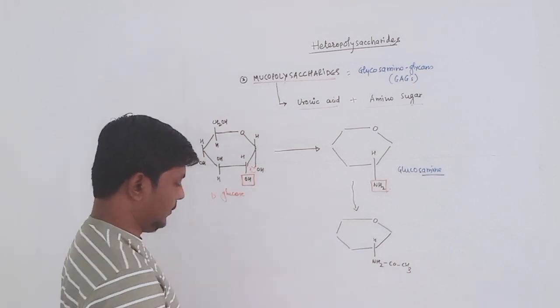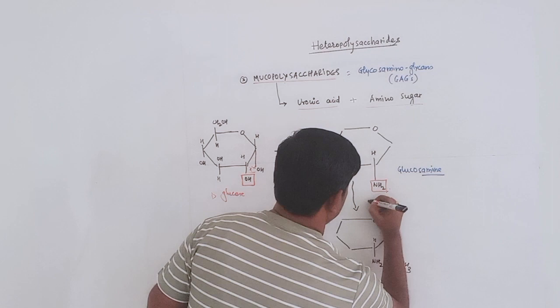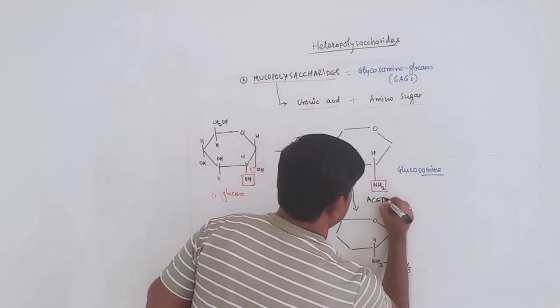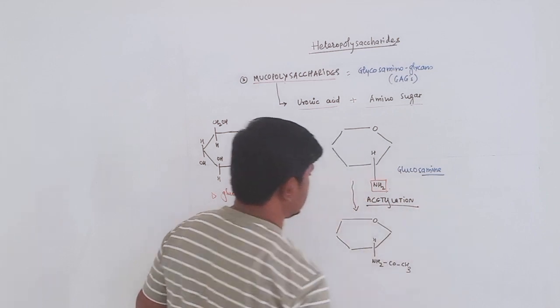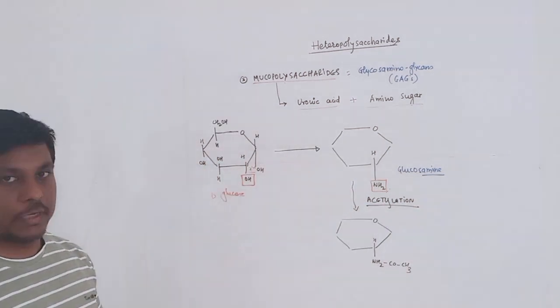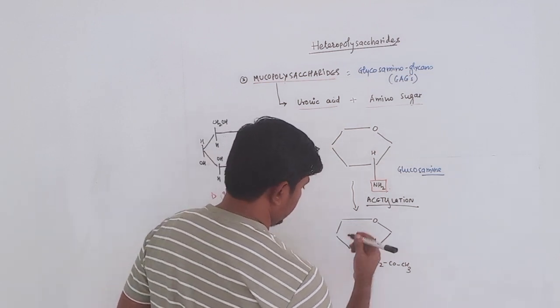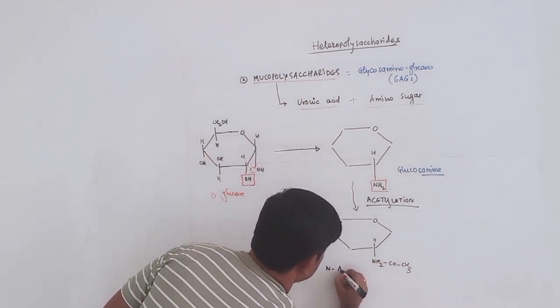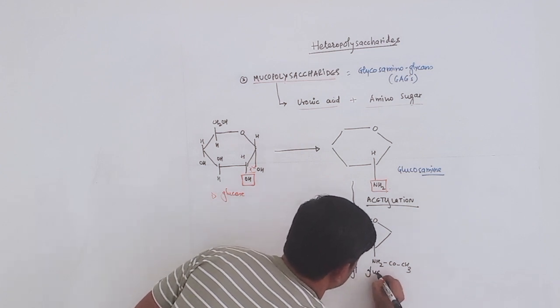And if a further acylation reaction happens, it gets converted into the next product, which is N-acetyl glucosamine.